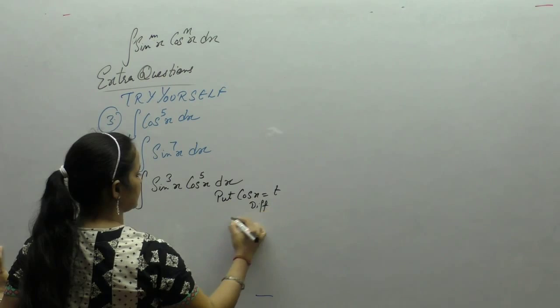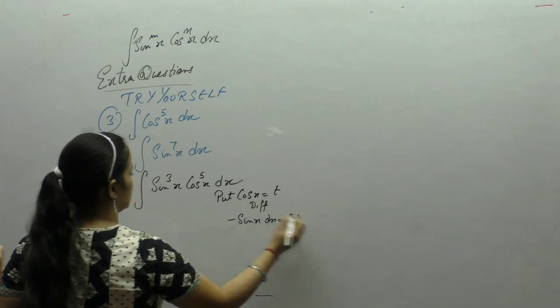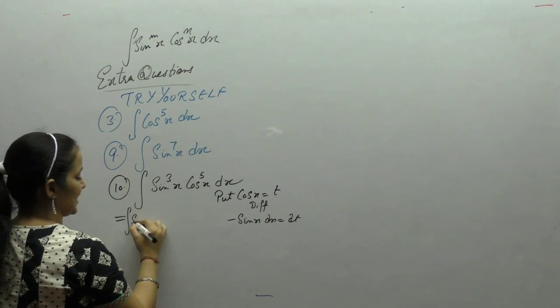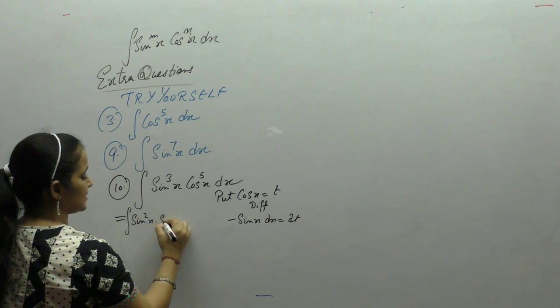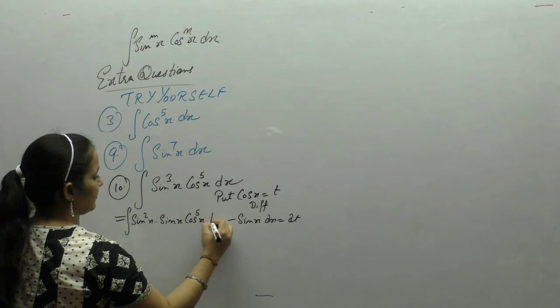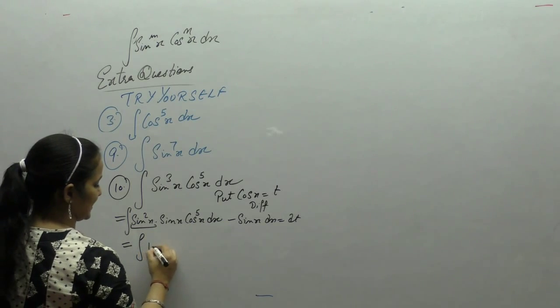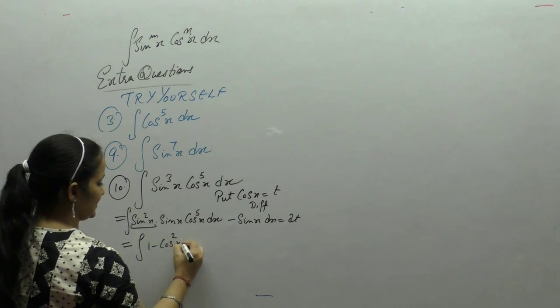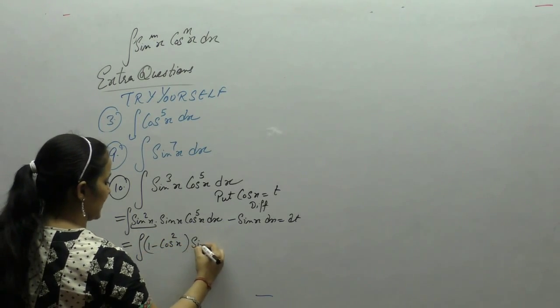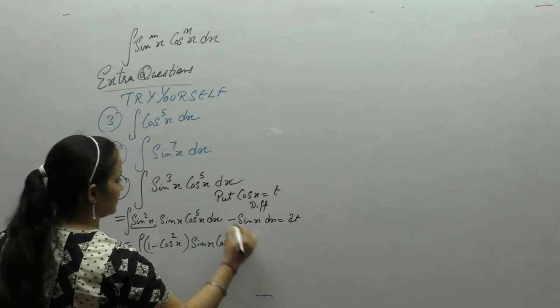Derivative of cos is minus sin x dx is dt. So we write sin cube as sin square x into sin x. We want one sin x here and other terms in cos. So we write sin square x as 1 minus cos square x, sin x cos 5x dx.